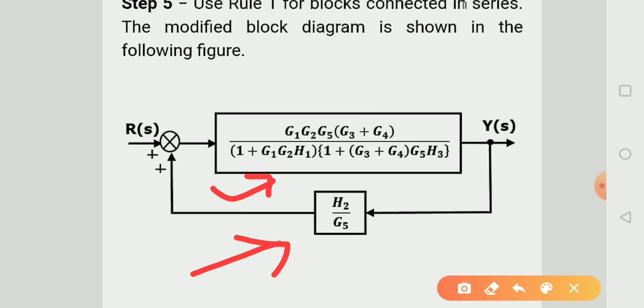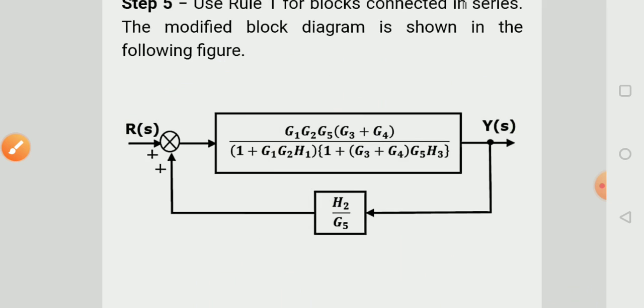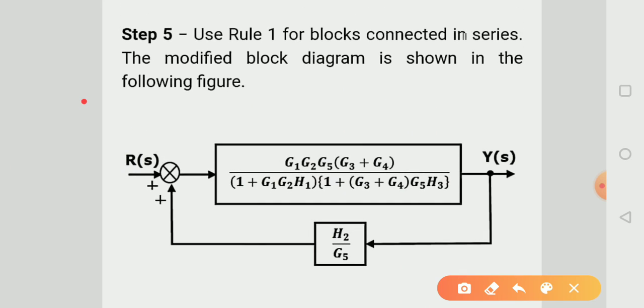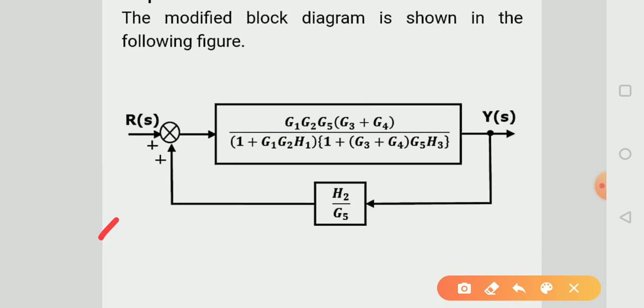We can see that here again there is a loop in which the gain G is this and the feedback is H2 over G5. So again we apply the formula of the feedback loop, G over 1 plus G into H. Here the feedback is positive feedback.